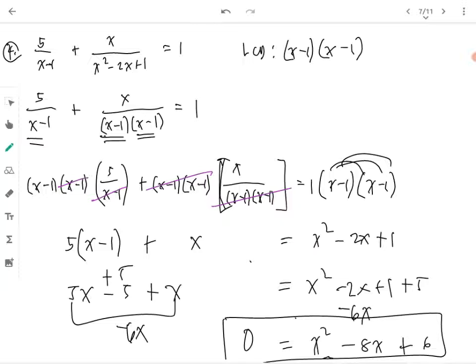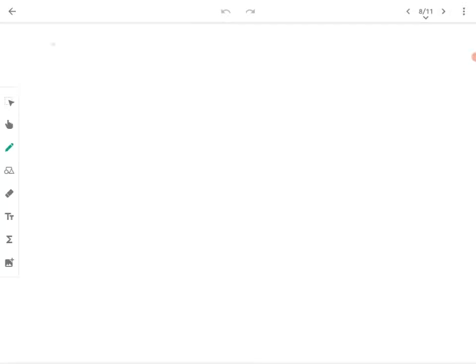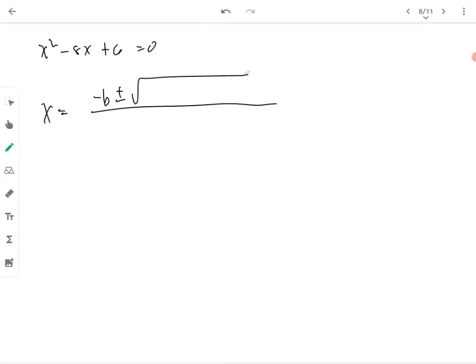So let's solve that using the quadratic formula, because this equation is not solvable using factorization. So we have x squared minus 8x plus 6 equals 0. Using the quadratic formula, we have negative b plus minus square root of b squared minus 4ac all over 2a. What is negative b? That's negative 8, so that becomes positive 8.